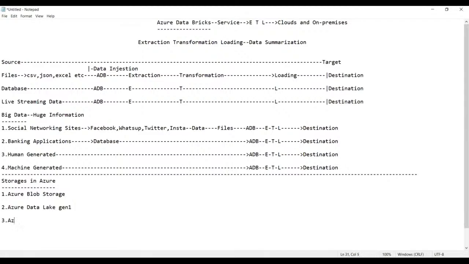Third one, Azure Data Lake Gen 2. Azure Data Lake Gen 1, Azure Data Lake Gen 2. Then next one, what is it?